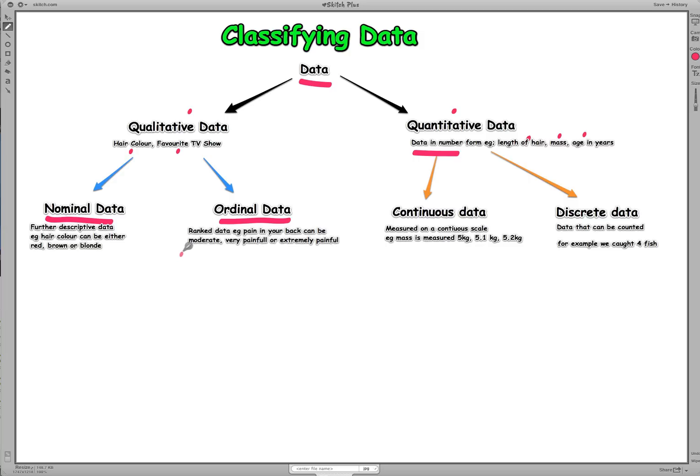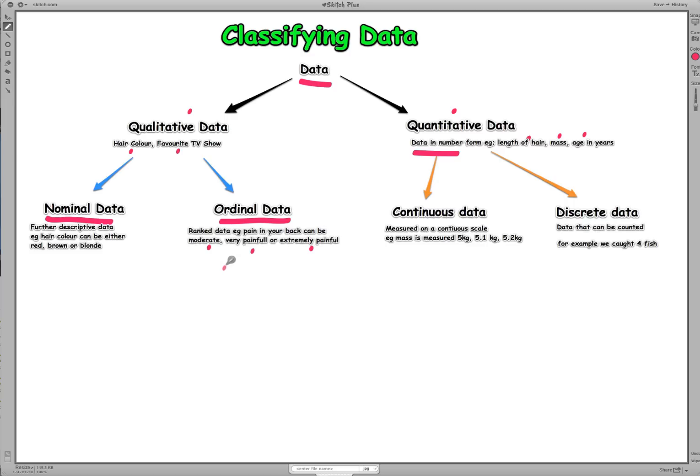Now there's another type of qualitative data, and that's ordinal data. Ordinal data is qualitative data that can be ranked. For example, pain in your back can be ranked on a scale of 3 things: moderate, very painful, or extremely painful. So you can rank that data in 3 different ways.